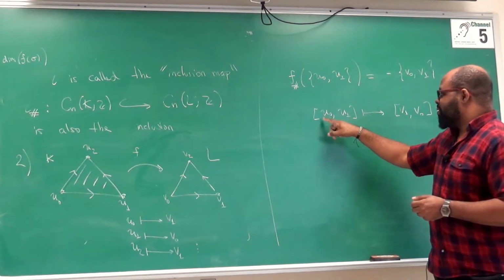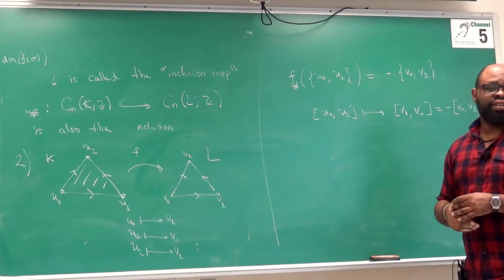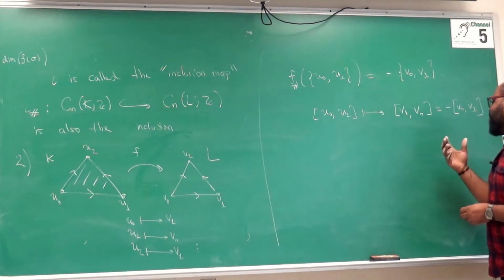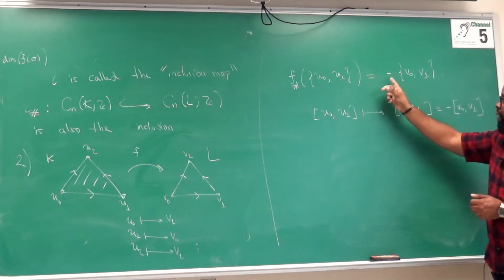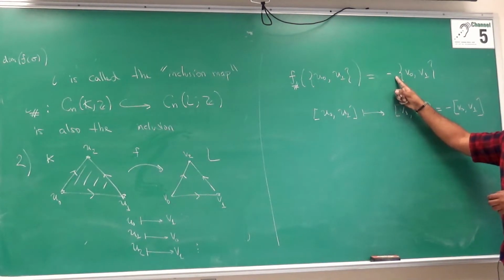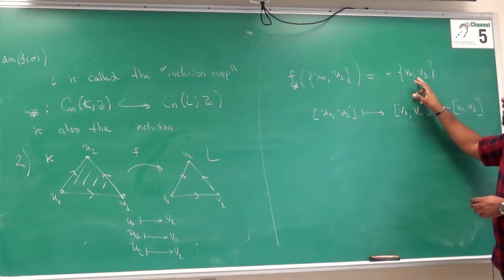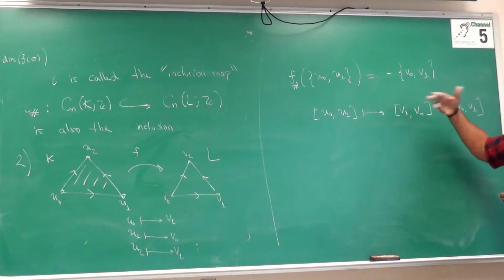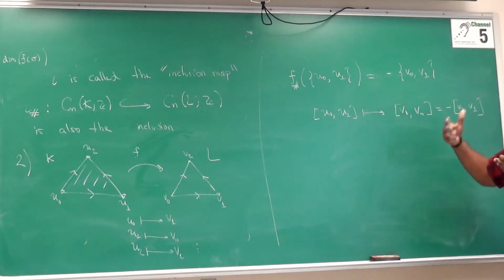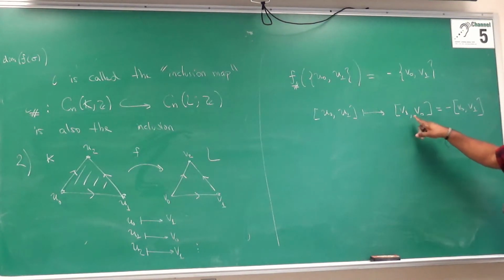So that's where these square brackets come in. And I think it's just useful to at least do it once to disentangle what the signs mean. Because if I did it just as a set, this would be the set {v1, v0}, which is the same as the set {v0, v1} as sets. But having the orientations explicit is helpful.